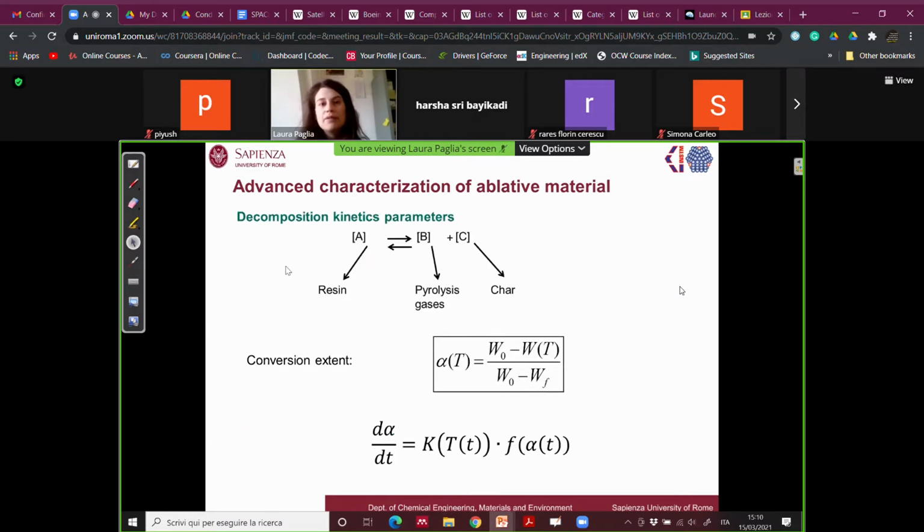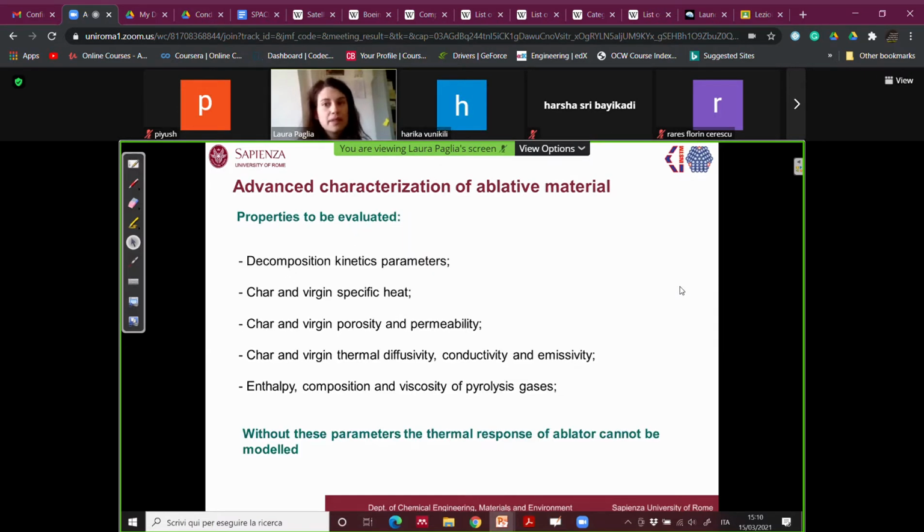We know that ablative materials are thermal protection system materials, insulating materials. And as long as we have to deal with thermal problems, we also have to characterize the thermal properties of this material.